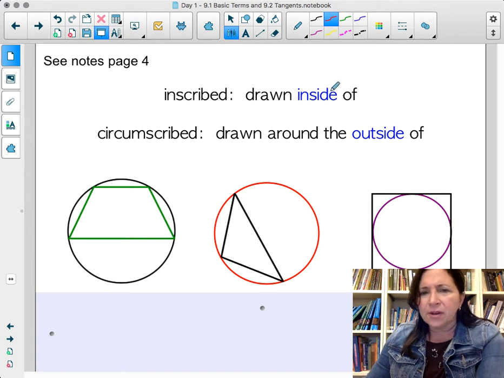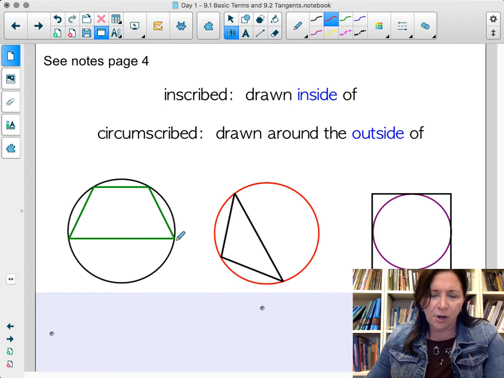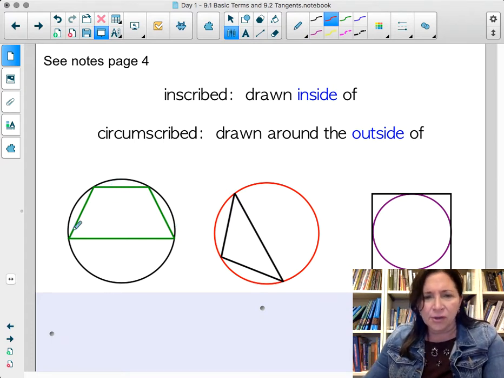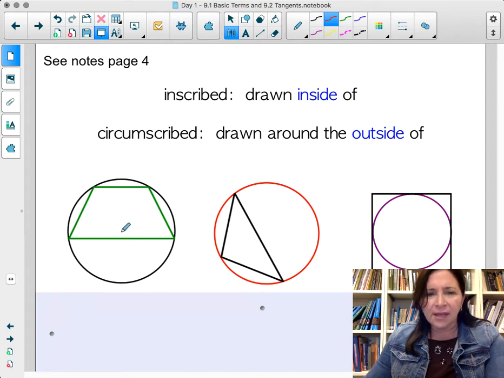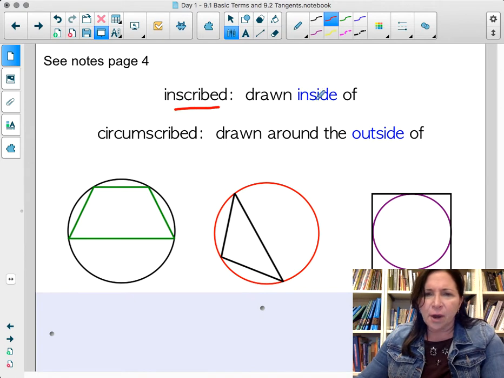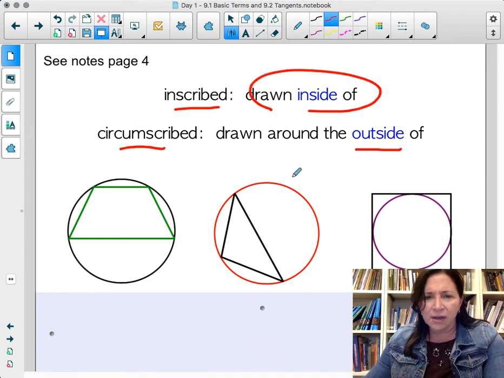Notes, inscribed. Okay, so what you need to understand is this was from our construction chapter, where you have something inscribed inside. So here's our circle. The circle is circumscribed about the isosceles trapezoid. You can also say the isosceles trapezoid is inscribed in the circle. So you have 2 things you can say, because inscribed is drawn inside and circumscribed is drawn outside.